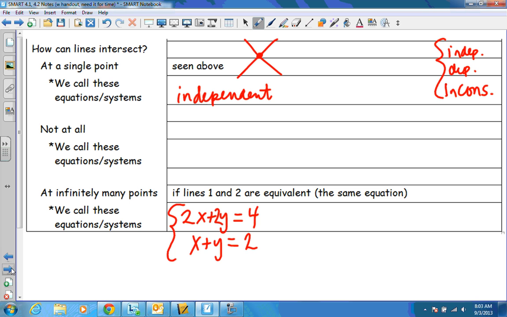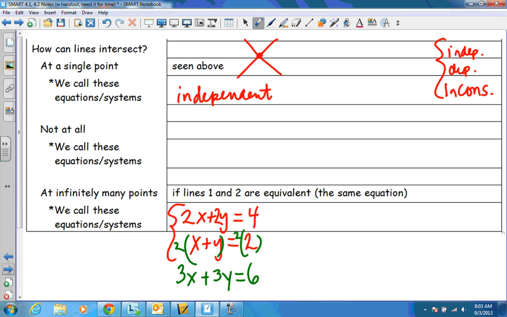Well, let's think the other way. What if I multiply both sides by 2? Same line? Okay. All right, what would be another line that's exactly the same as this? Thinking about that now. What about 3x, then what? Plus 3y, what would that equal? 6. Are all these the same lines?